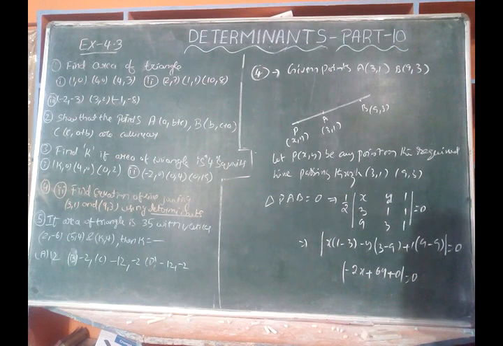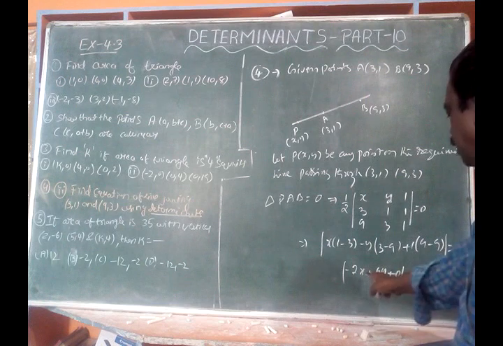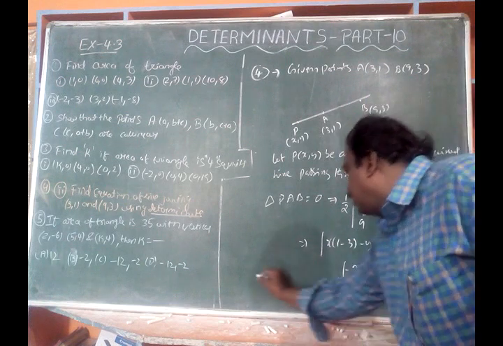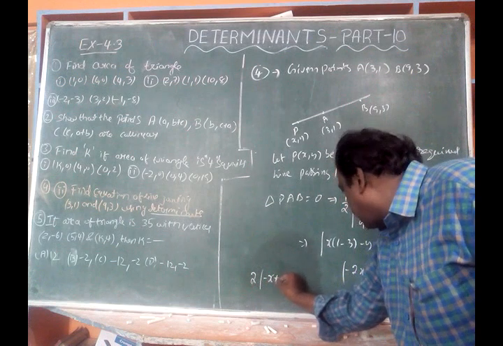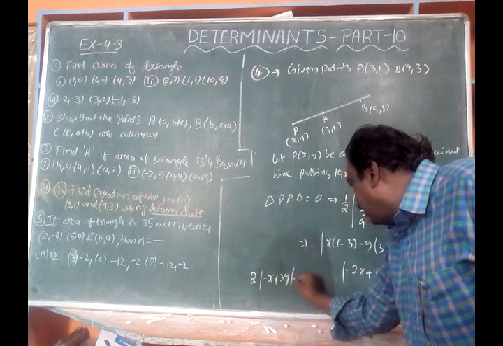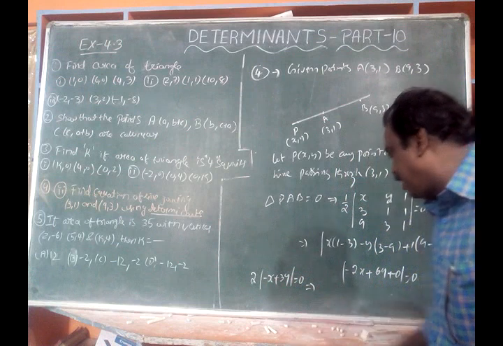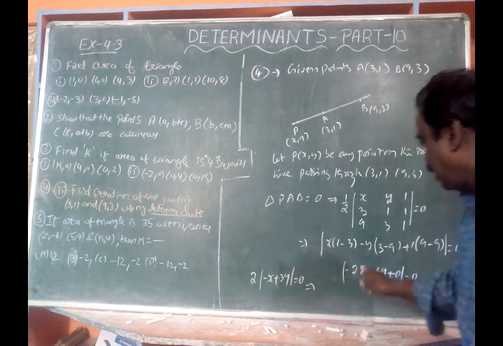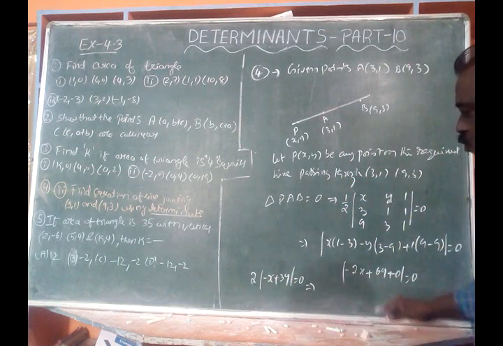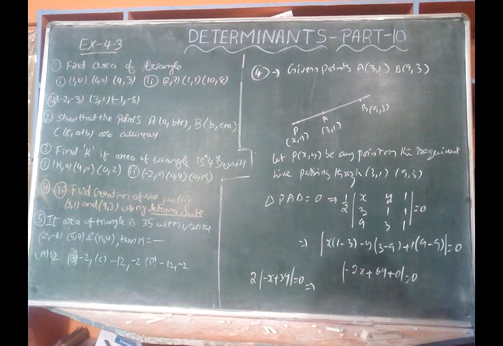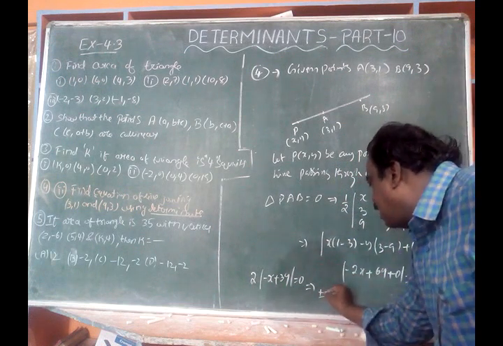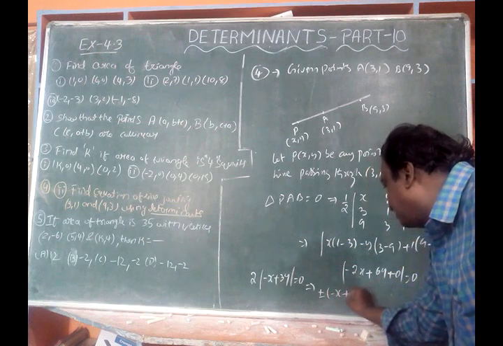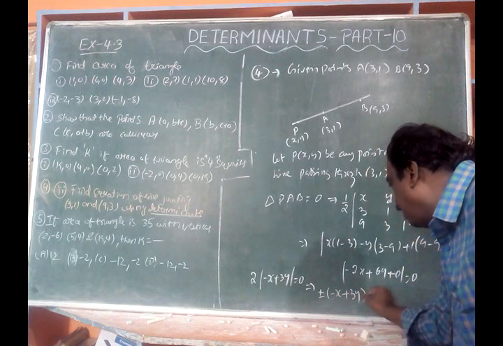But here you see, you take 2 as common. So 2 of (minus x plus 3y) is equal to 0. Observe me, I am taking 2 as common, not minus 2. Now the 2 also comes to this side, it is 0. Now plus or minus of (minus x plus 3y) is equal to 0.